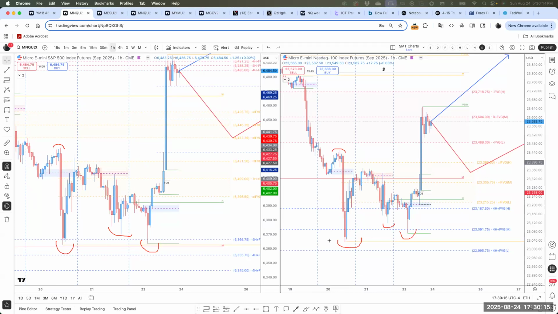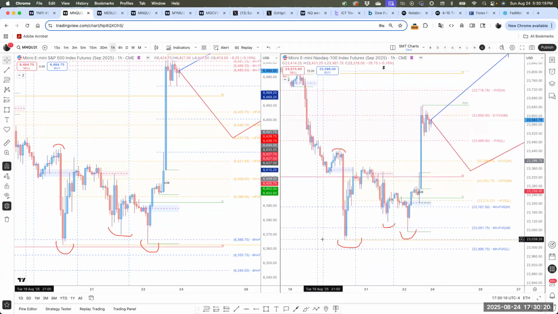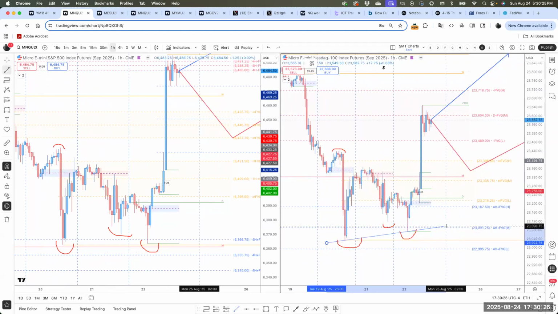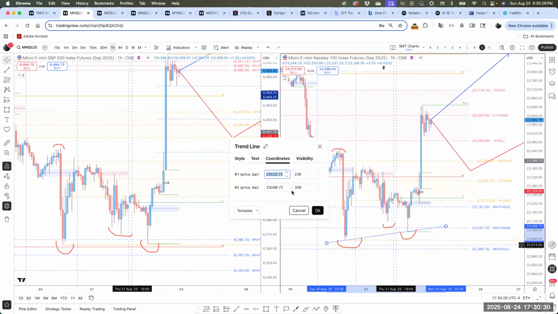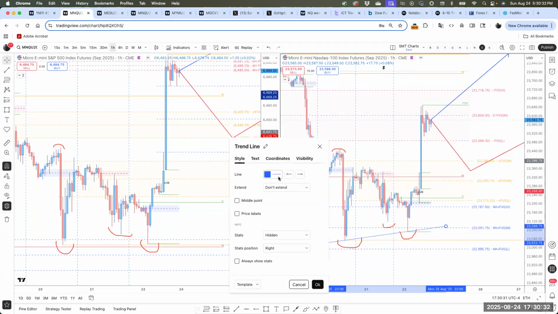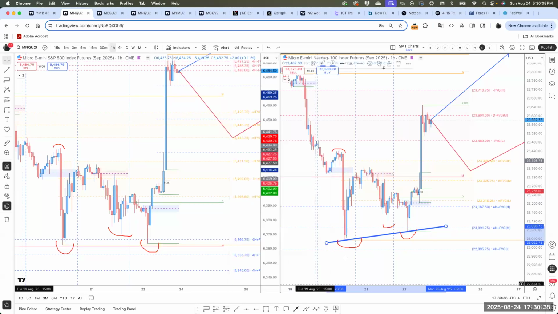The low we made over here, which I am going to draw with this. This is the low we made on NQ. Let's make a big body low. That's our low we made on NQ.